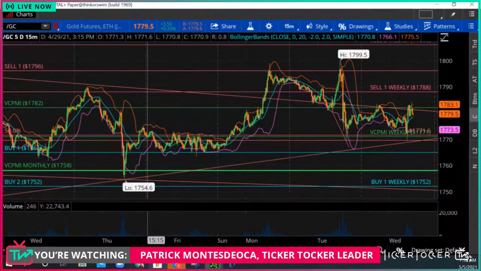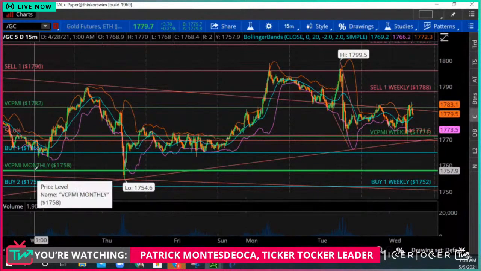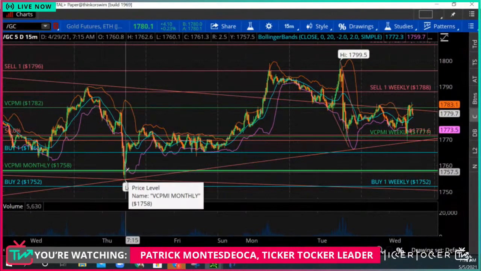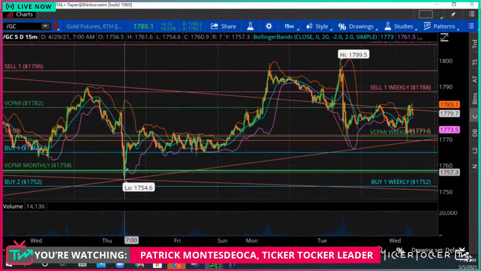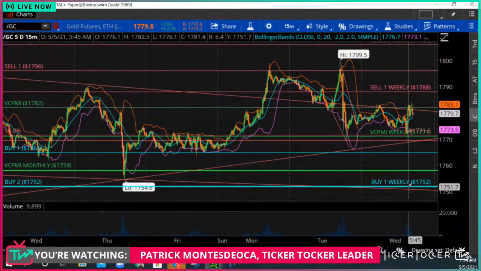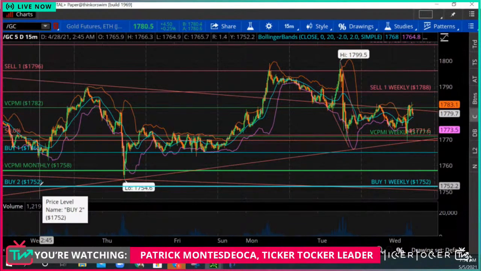We're looking at the daily algorithms on the left. The monthly average price was 1758. And the market on April 29 came right into this average price, almost into that weekly buy one level of 1752 and the buy two level of 1752, which is a perfect harmonic alignment.